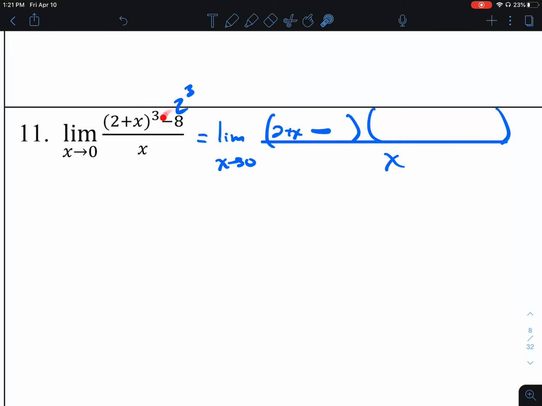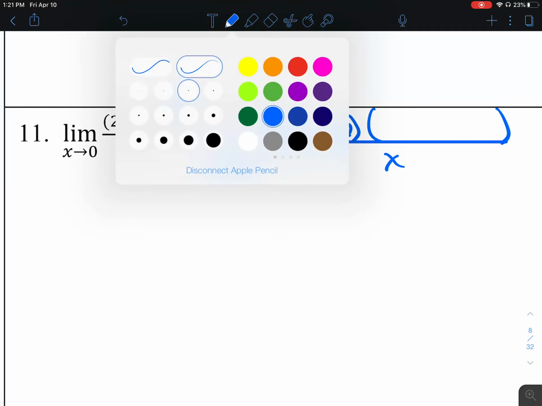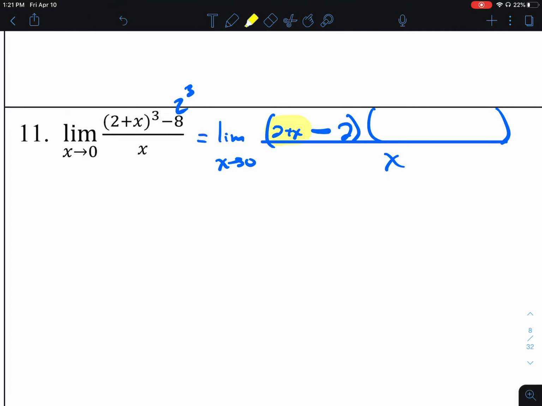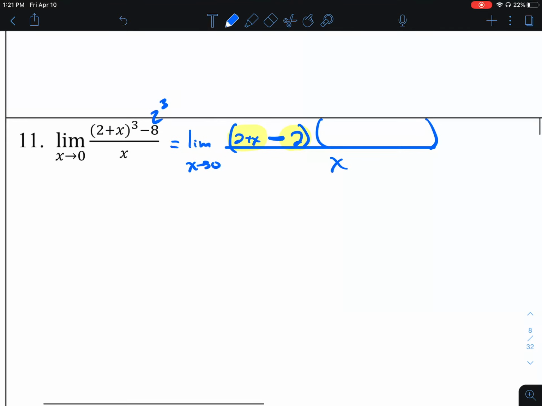Now that binomial that I said this was is actually a trinomial, but we're looking at it as this is the first term, this is the second term. And then how's the rest of this trinomial go? Well, you take the 2 plus x squared, you take 2 plus x times this 2, and this is going to be a plus. We'll talk about the signs here in a second.